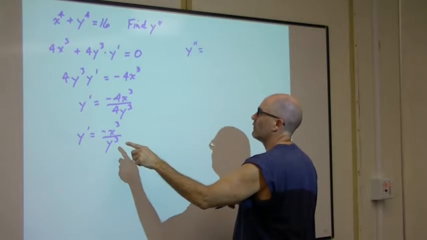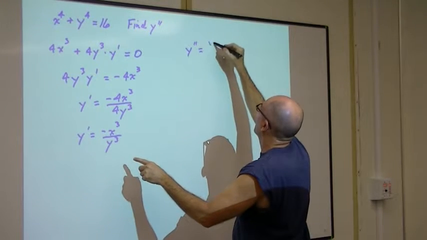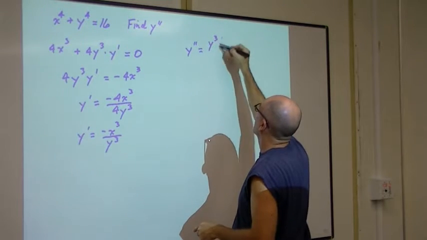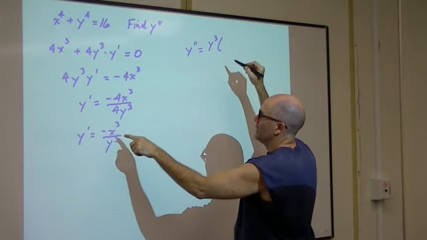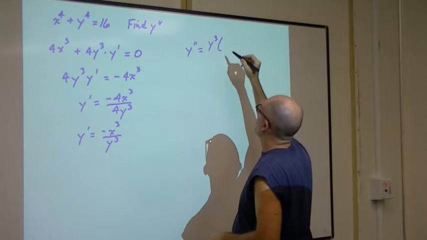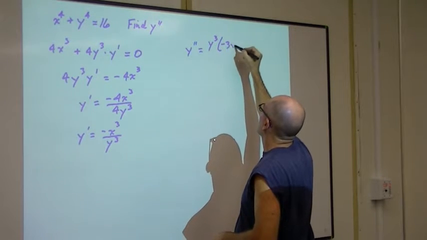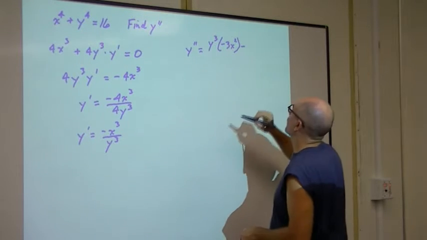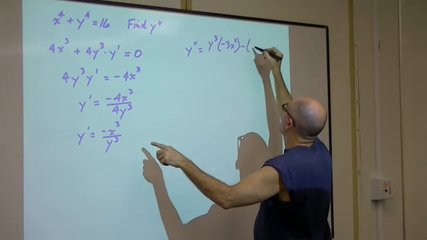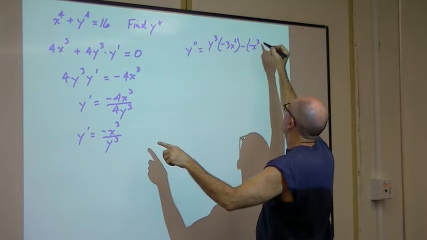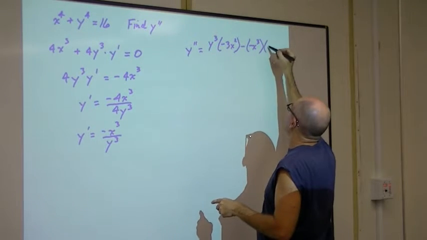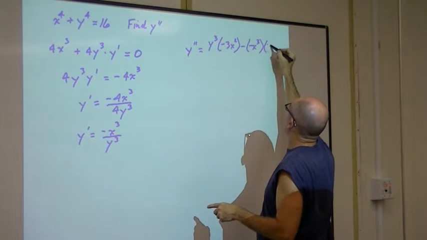We've got low, d high, so the derivative of the top is negative 3x squared, minus high, which is negative x cubed, d low, which is 3y squared.